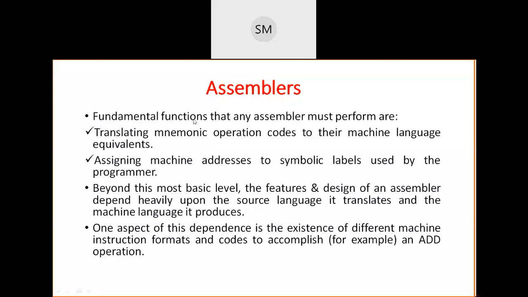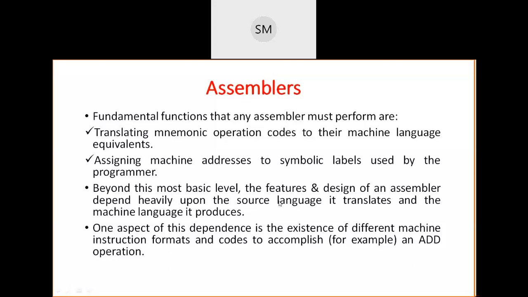Apart from these two basic functions, it does many other things also. These are just the two basic things assemblers do. Beyond this most basic level, the features and design of an assembler depend upon the source language. Source language is the program you write at assembly level. That is source code.